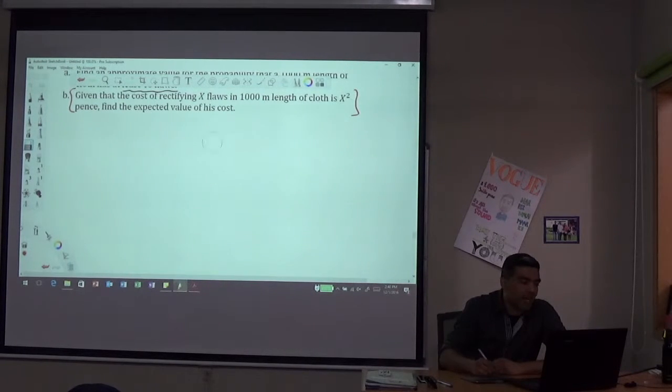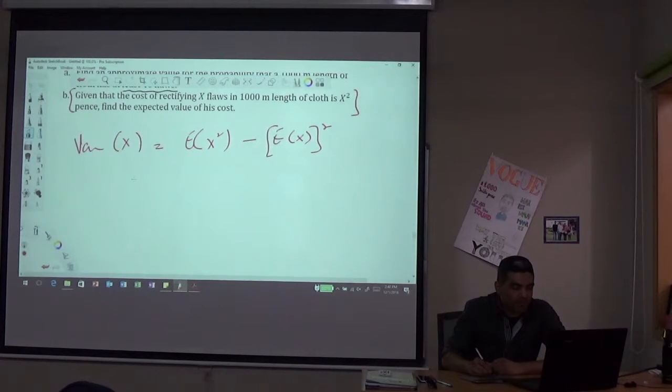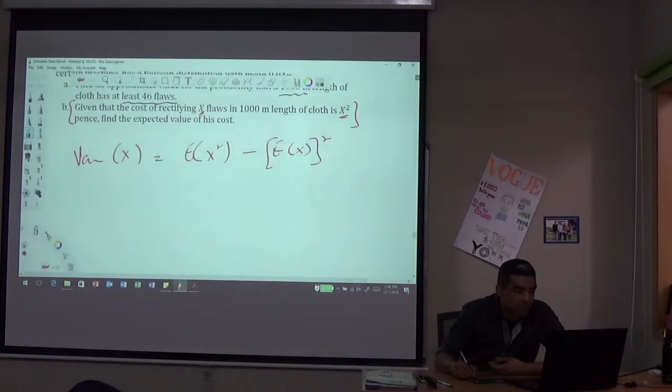If you remember, what is the standard variance formula? Variance of a random variable is E of x squared minus E of x whole squared. He's asking us to find the expected value of the square of x. How do you find this? We already have the variance with us.